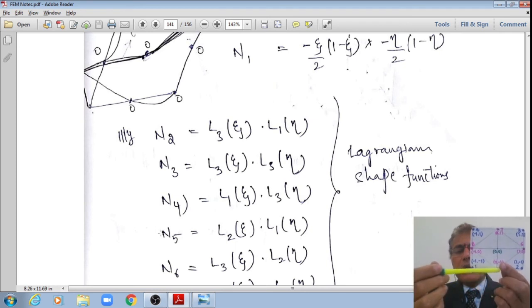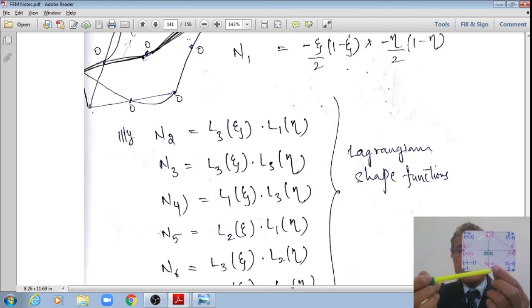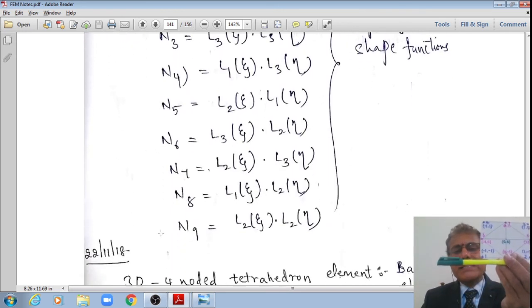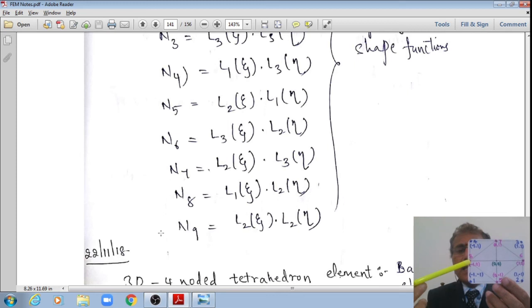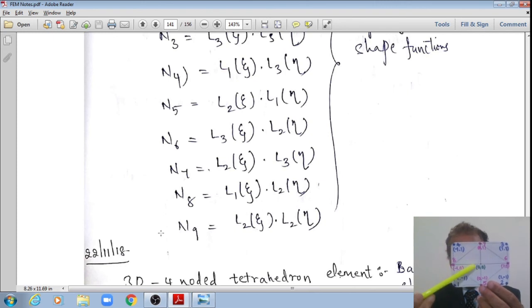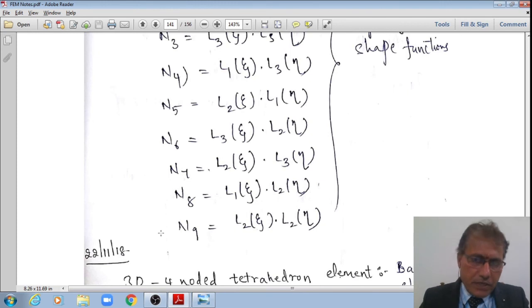For shape function N5, the mid-side shape function, L2 xi, L1 eta, and N6 is L3 xi, L2 eta. The shape function N7 is L2 xi, L3 eta. Shape function N8 is L1 xi, L2 eta, and the CG shape function N9 is L2 xi, L2 eta respectively, right?